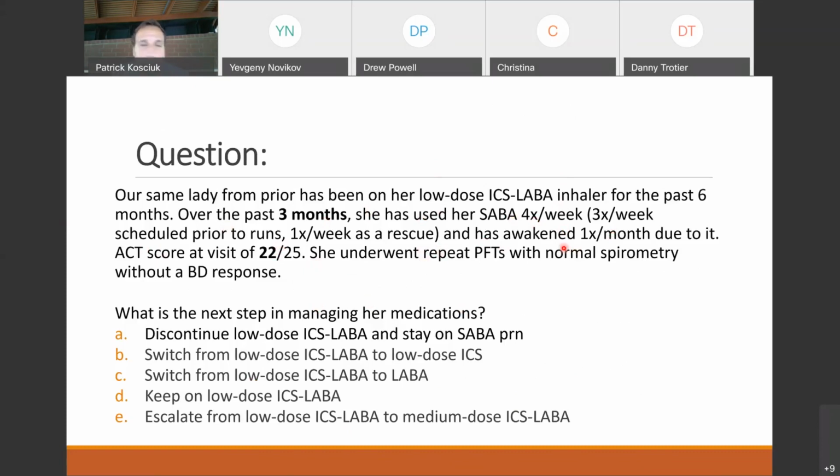She's only awakened about 1 time per month overall due to her asthma at this point. And her ACT score now is a 22 out of 25. Her PFTs beforehand were obstructive, and now they show normal spirometry, and they don't have a BD response, bronchodilator response. So what would you do as the next step in her management?